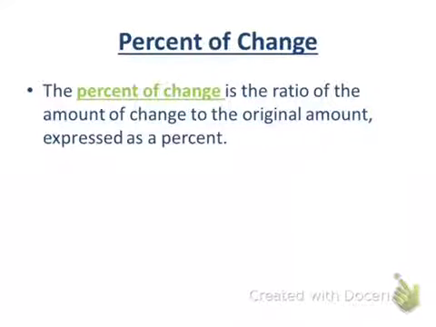What are the key words in this definition? Ratio. What is ratio? It is a comparison of two numbers by division. So it's the expression of two numbers in fraction form. The ratio of 2 to 5 is 2/5.